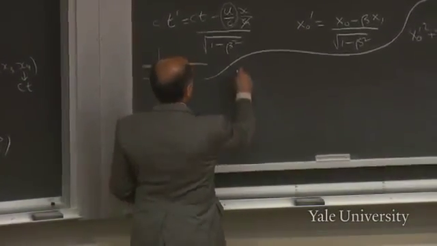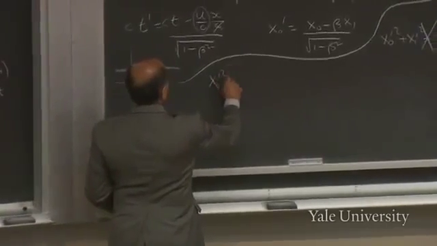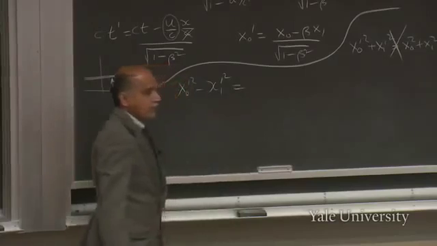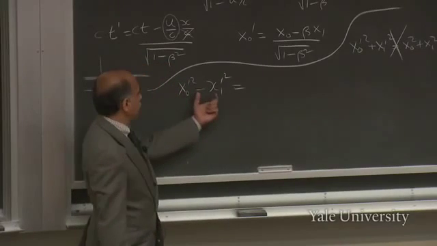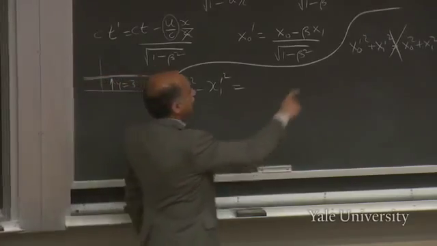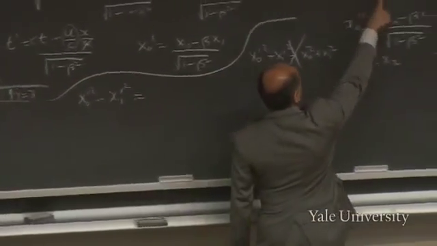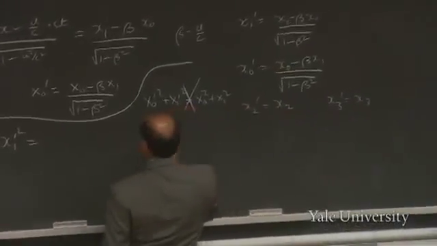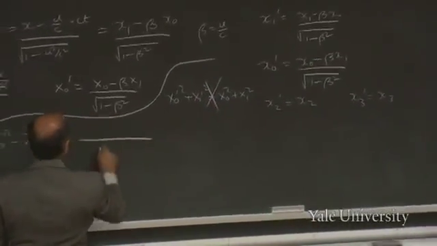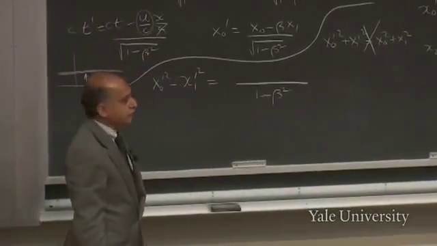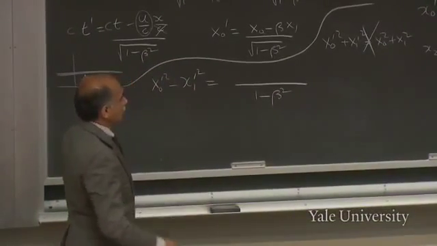Let's take x naught prime square minus x1 prime square: the square of the time coordinate minus the square of the space coordinate, with the minus. So let's try to do this by squaring this and subtracting it from the square of this one. Downstairs, I think we all agree, you get 1 minus beta square, because the square root is squared.